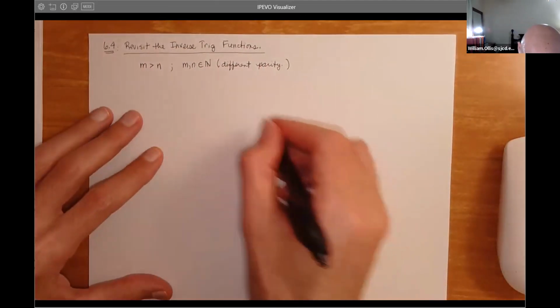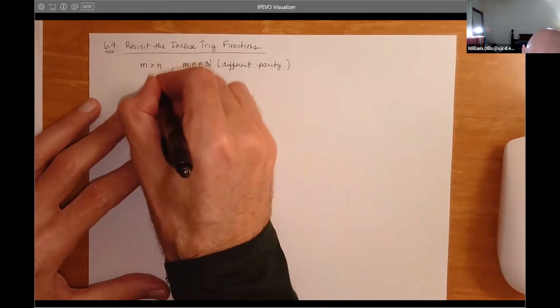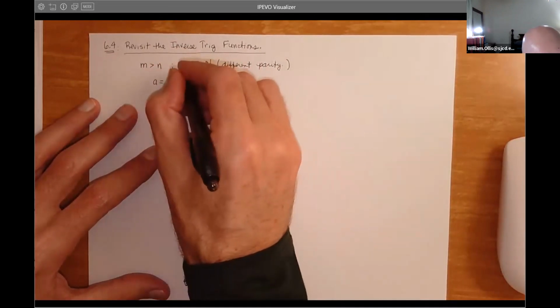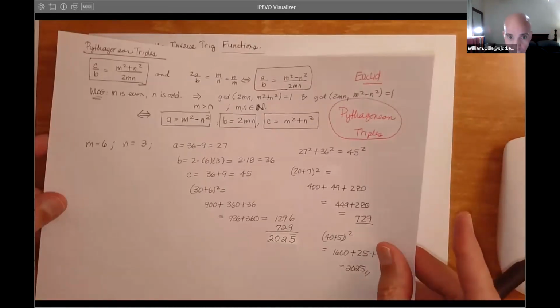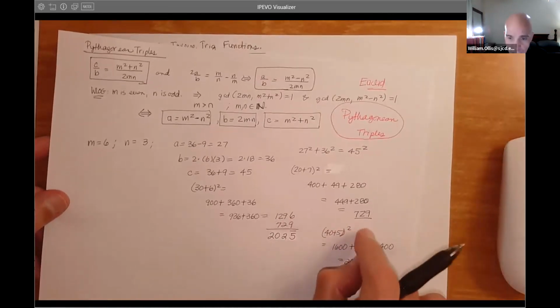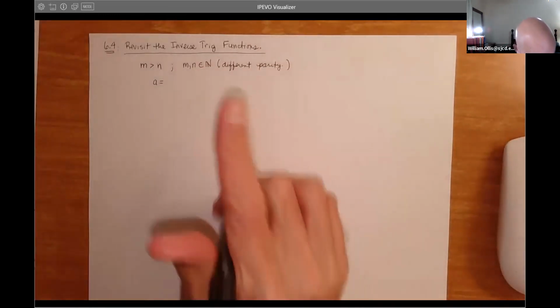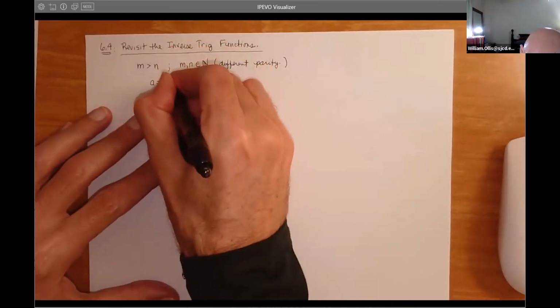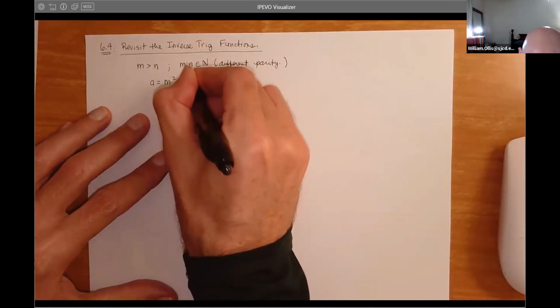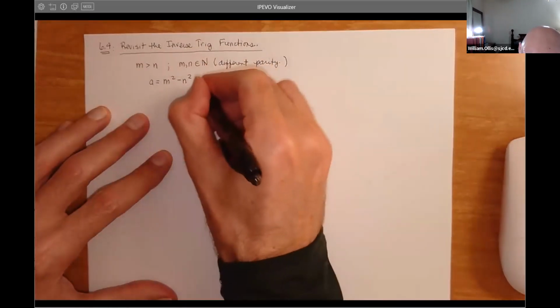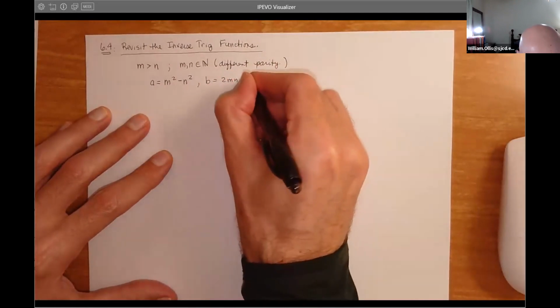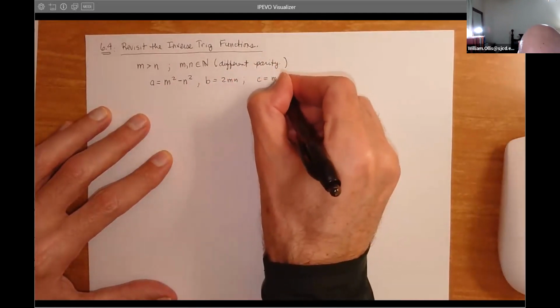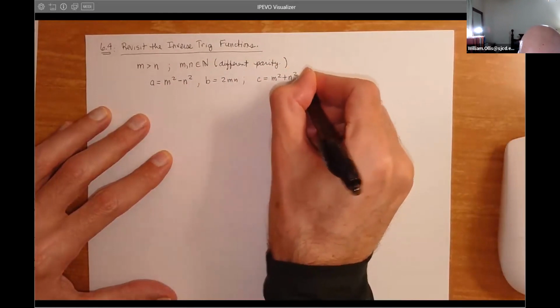And then for the Pythagorean triples, I got these nice formulas. This is where I finished the calculation here, and then I checked a nice example of it. So we have a equals m squared minus n squared, b equals 2mn, and c equals m squared plus n squared.